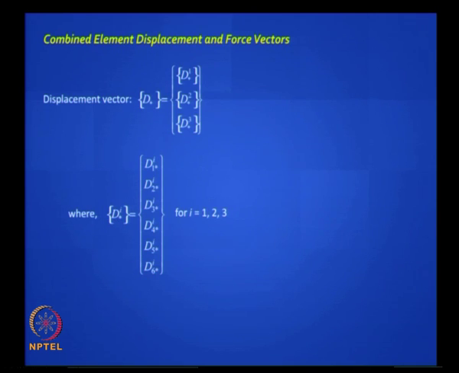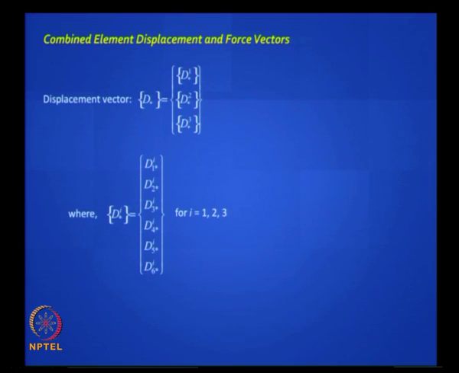Now you can also combine all the elements together and put them all in one group. For example, I call a combined element displacement vector D star without the I, which means it includes D1 star, D2 star, D3 star. Each of these is 6 by 1. So what is the size of this one? 18 by 1. If I have 525 elements, I won't waste time doing this because it is too complicated.